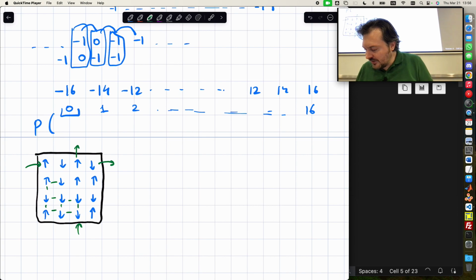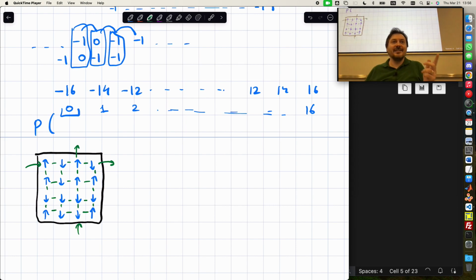So what has changed when we moved from 1D to 2D? Was it beneficial to the ordered side or the disordered side? Do you understand my question? Who benefited from going from 1D to 2D? Interesting.